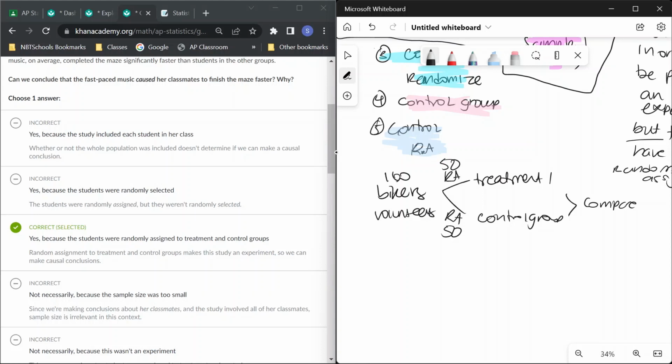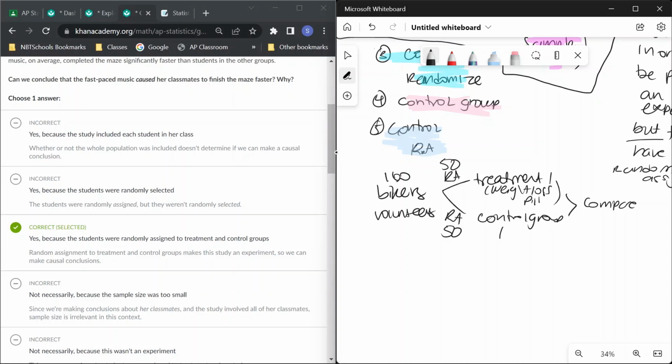We're going to say that the 50 bikers assigned to treatment 1 had better, let's say, weight loss, because treatment 1 is a weight loss pill.